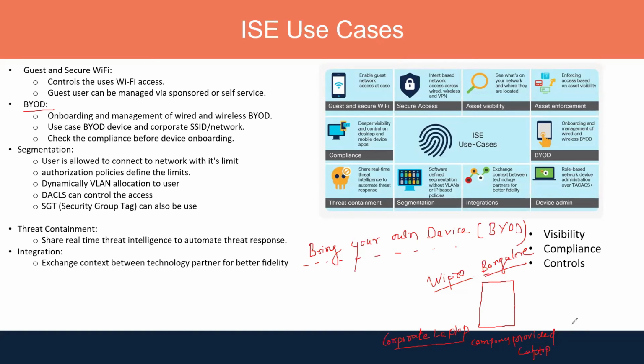What usually the company does, basically they would install the operating system on the laptop, they would install the required software, and they would install a policy as well, that what he can access, what he cannot access, what he can install, what he cannot install. So these are company controlled laptops.